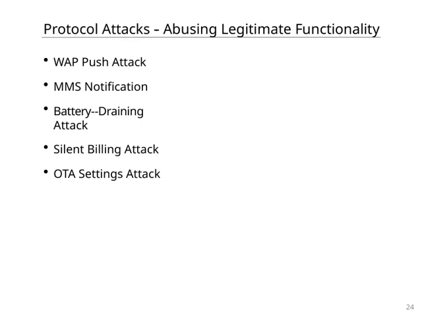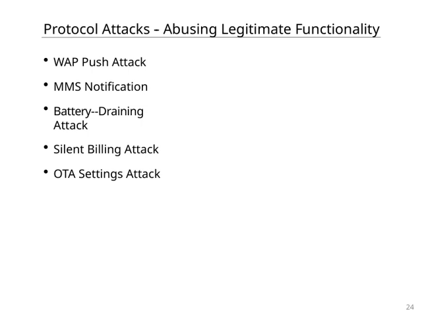Next, we have MMS notification attacks, where attackers send fake multimedia message notifications to lure users into clicking malicious links or downloading harmful content. Moving on, there's the battery draining attack. This involves sending or triggering activities that cause a device to consume excessive power, which can be used to disrupt service or gather information based on how devices respond to such drain.